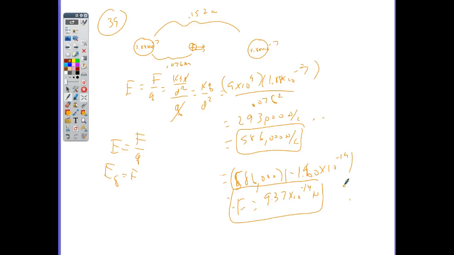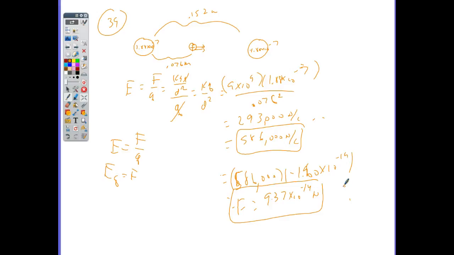Now the next question says direction. It would depend, wouldn't it? If this was positive and that was negative, the electron would go that way. If this was negative and that was positive, it'd go that way. So how would you say it so that you can answer it no matter which way I set up the problem?